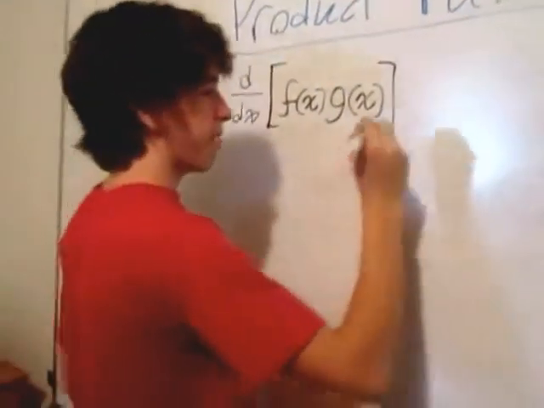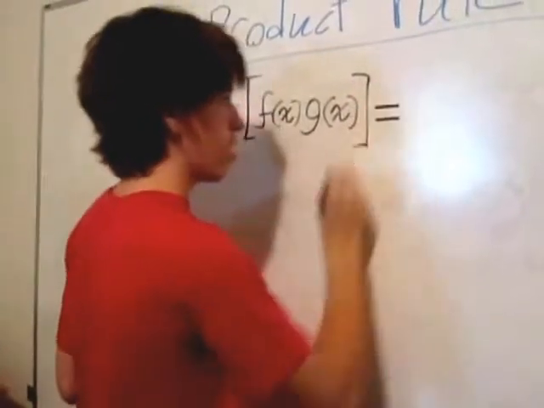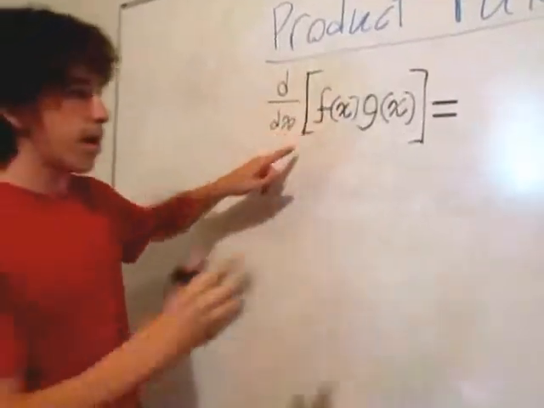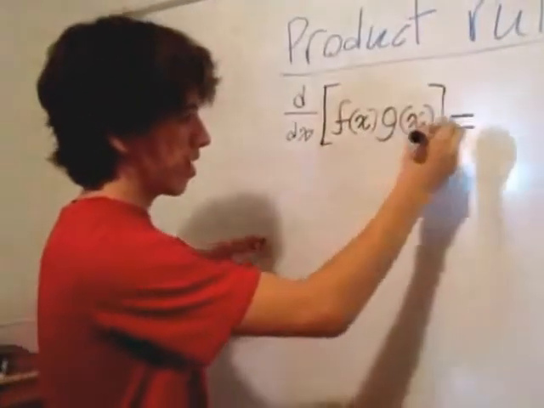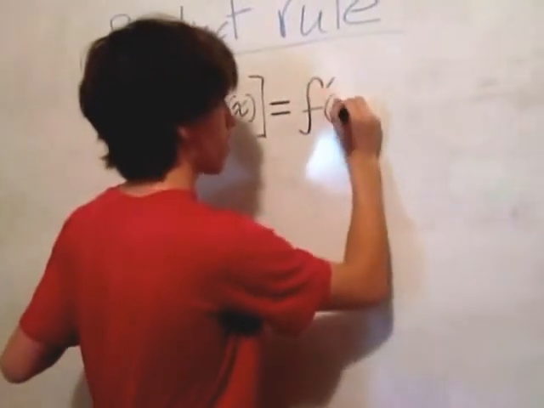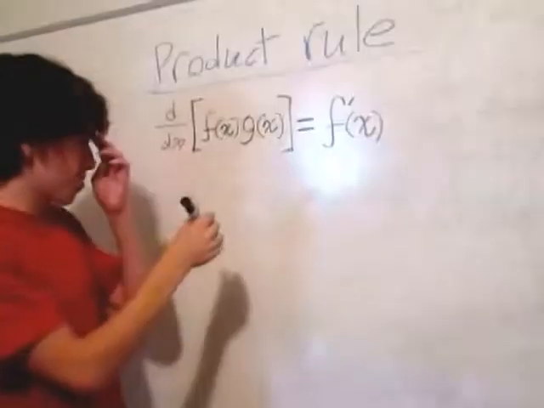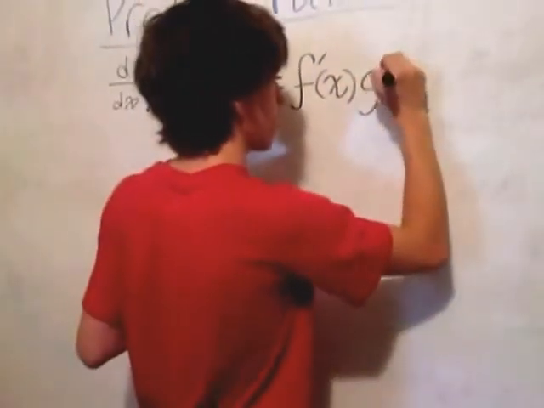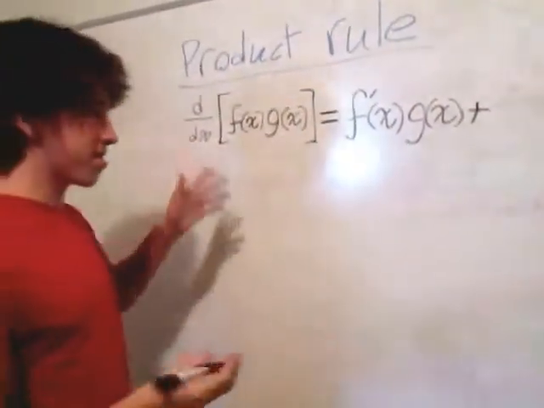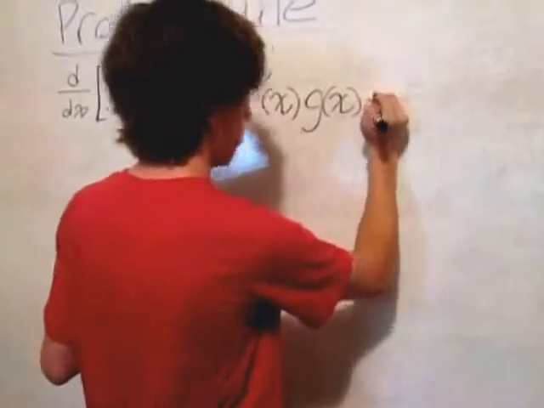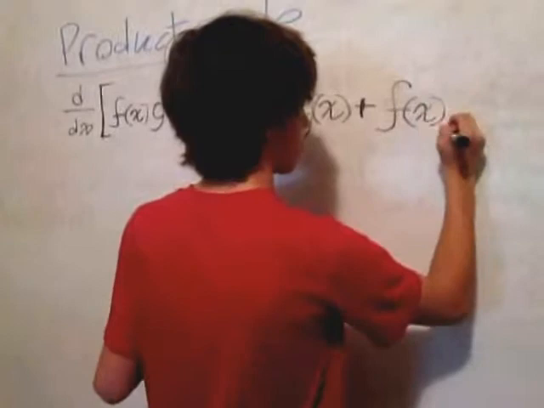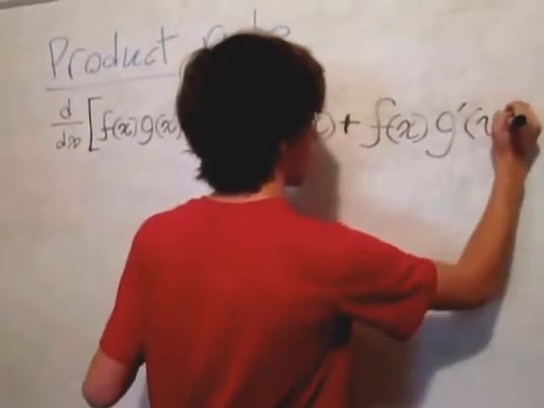And it has been found that we can work through this by using the product rule, and we find that this is equal to f prime of x, so the derivative of the first function with respect to x, times normal g of x, plus, and this is kind of unintuitive, f of x times g prime of x.